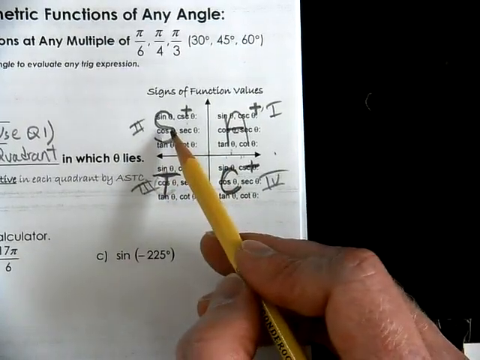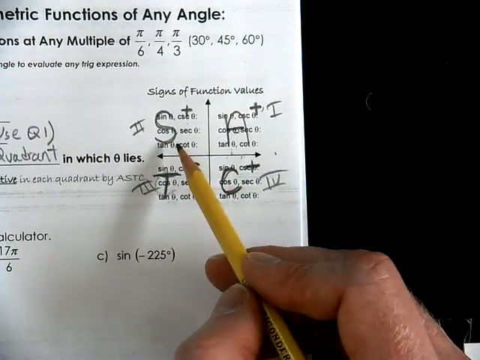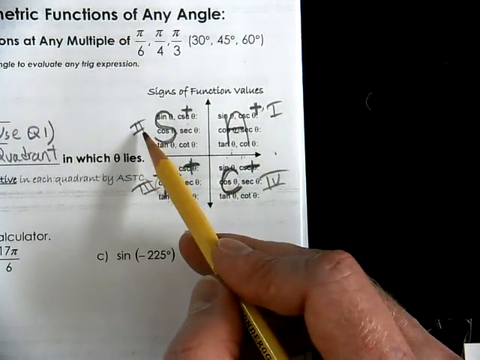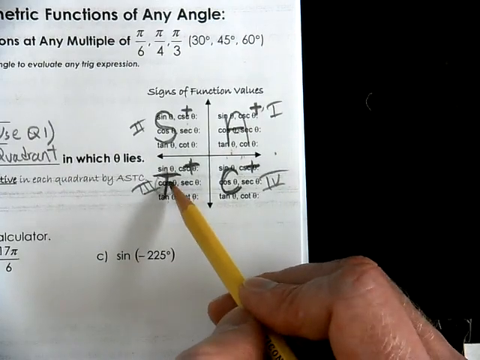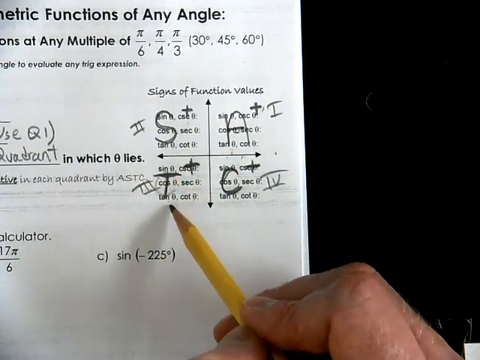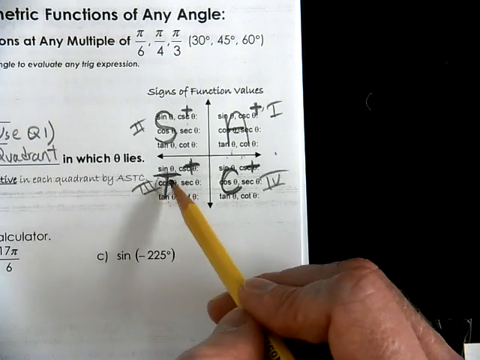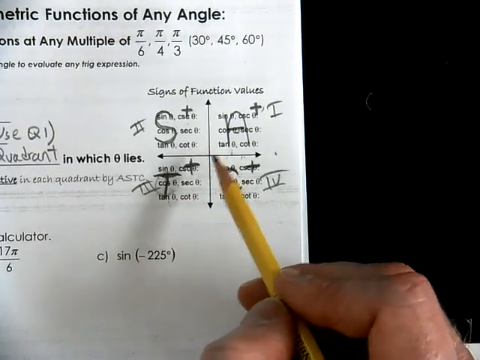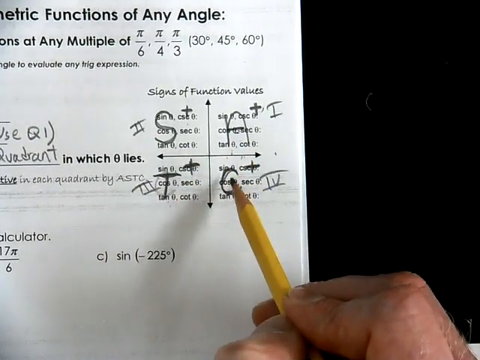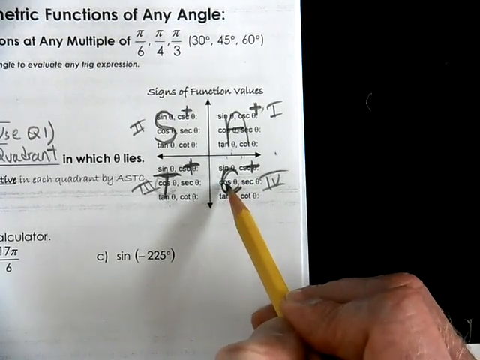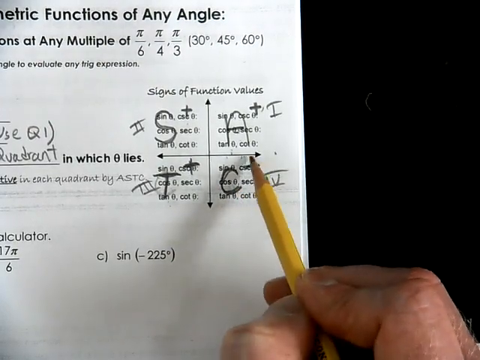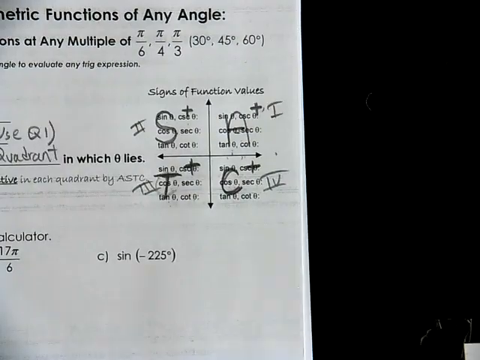Students is S, S stands for sine. That's positive in the second quadrant. Take, T stands for tangent, and that's going to be positive in the third quadrant. And C stands for calculus, which is cosine, positive in the fourth quadrant.